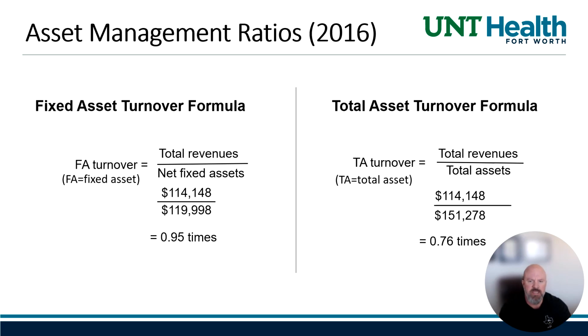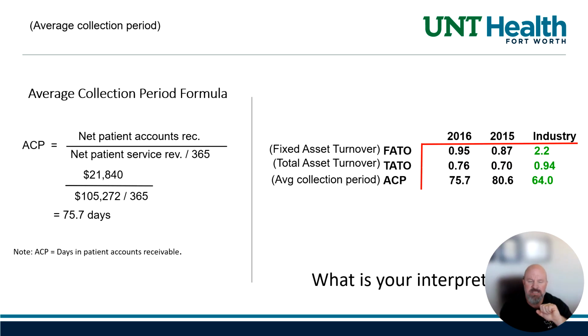So what we're doing here is taking out fixed assets and non-fixed assets to get a different ratio, and that is the total asset turnover formula. You have total assets that you're looking at here, whereas in the fixed asset turnover formula it was just your fixed assets. When they do the math there, they were 0.76 times.